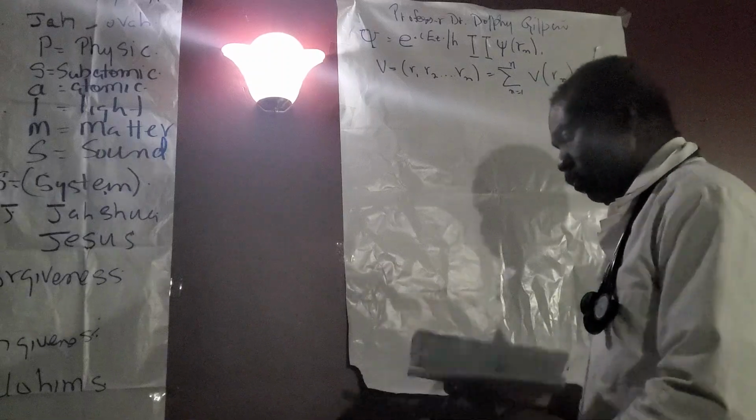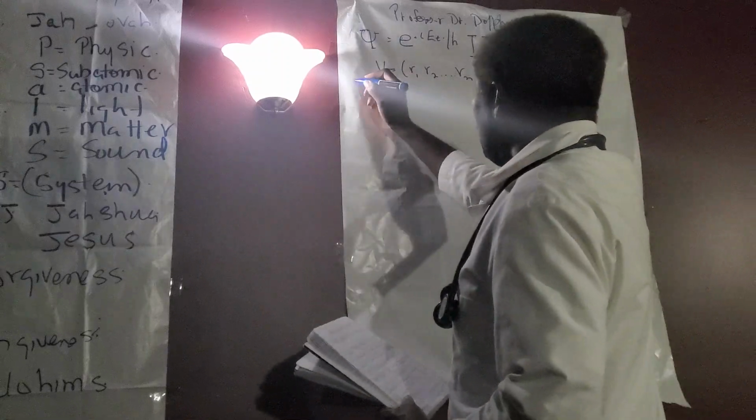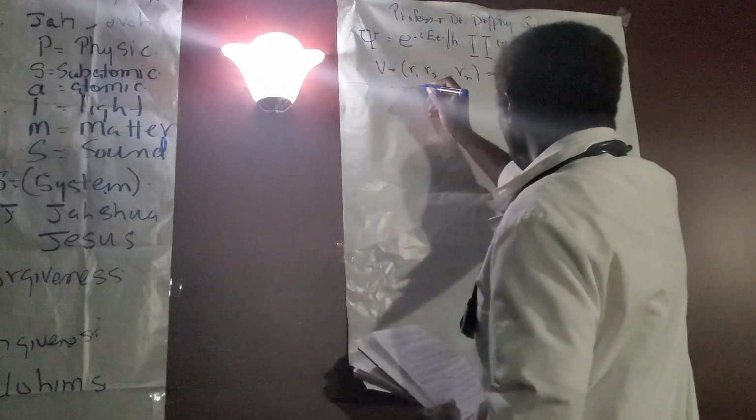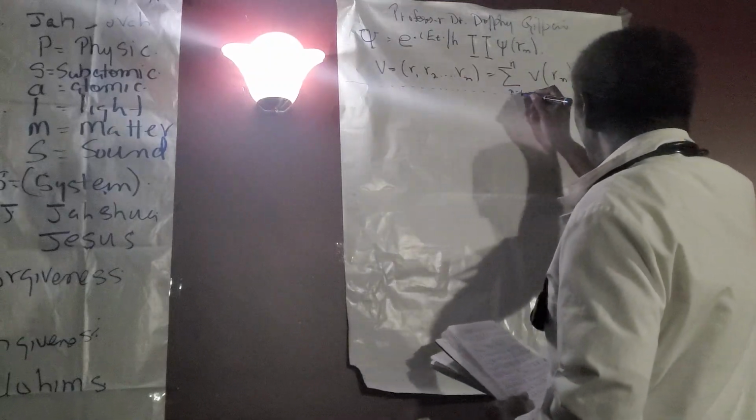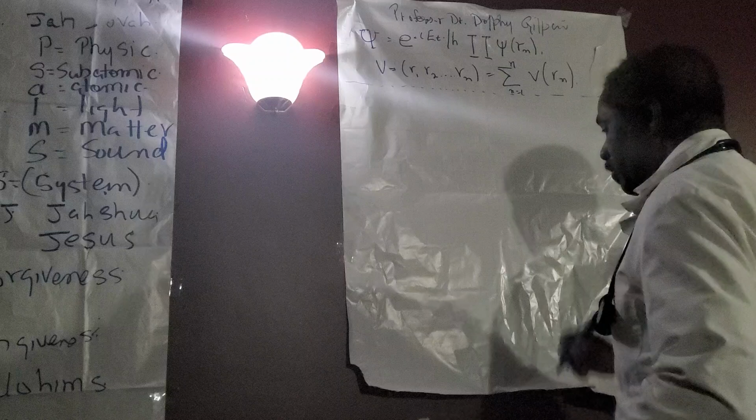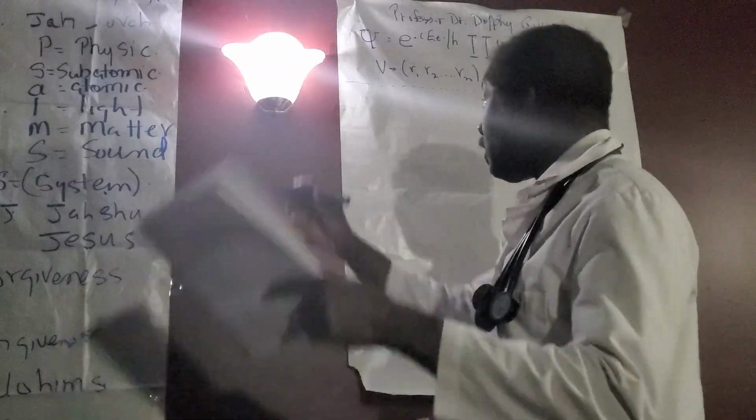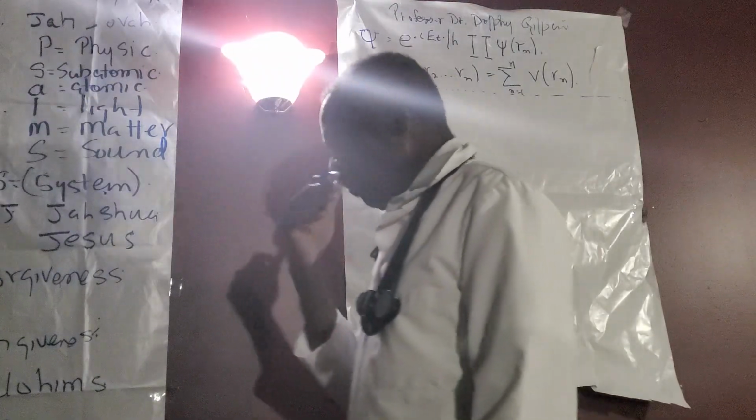Let's move on to photo emissions. And here we have photo emissions, and that is relative to photons emission. Remember I told you about making the natural environment a laboratory for me.